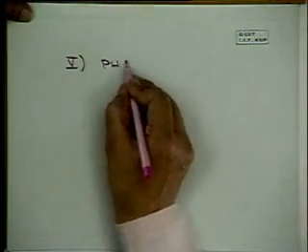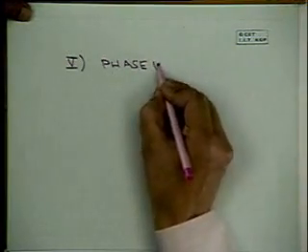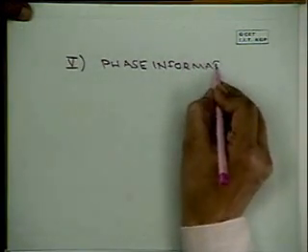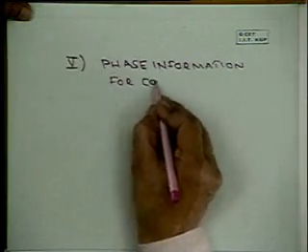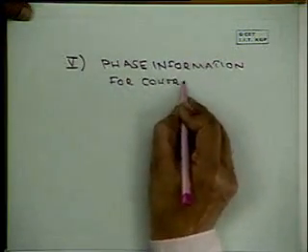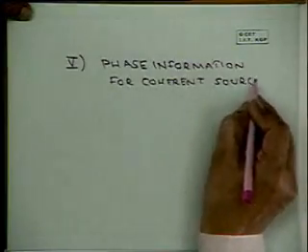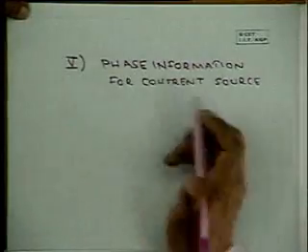If we have a laser as a source, then the phase information may be required for a coherent source. Especially if you have several sources, we may want to study the phase relation between them.